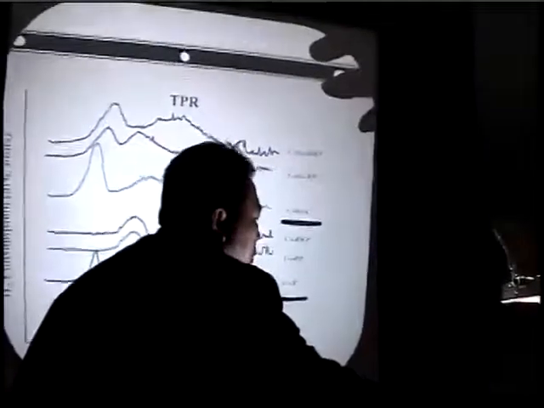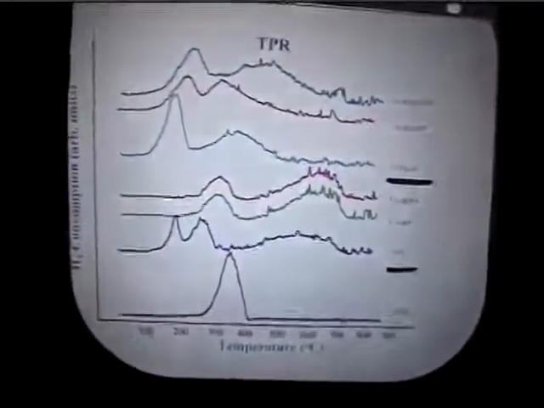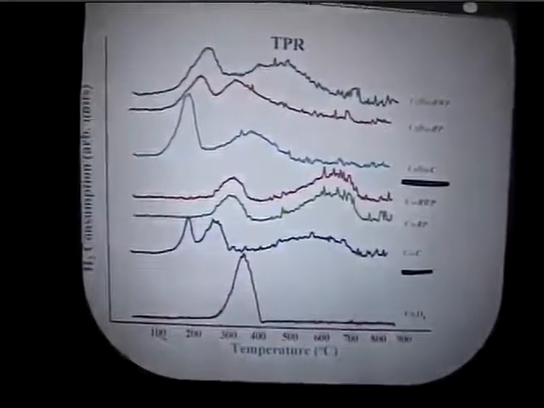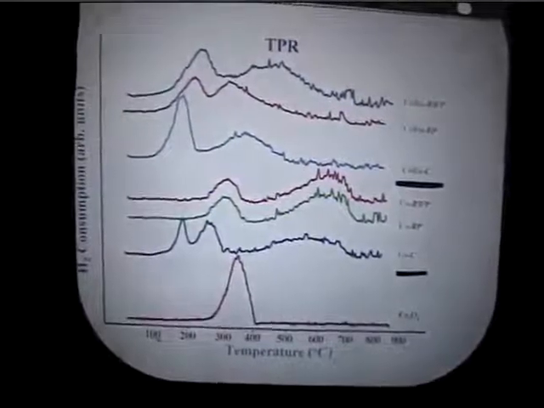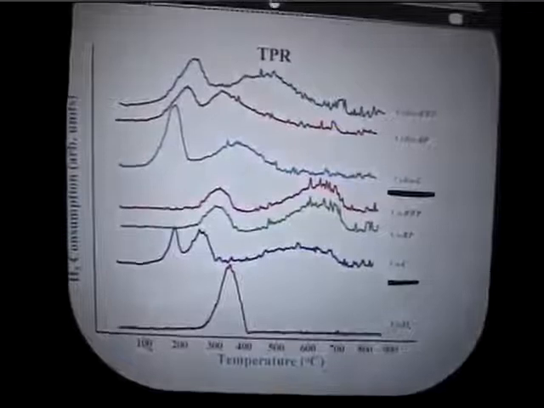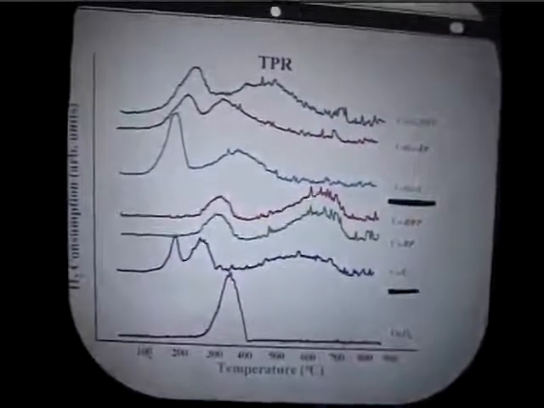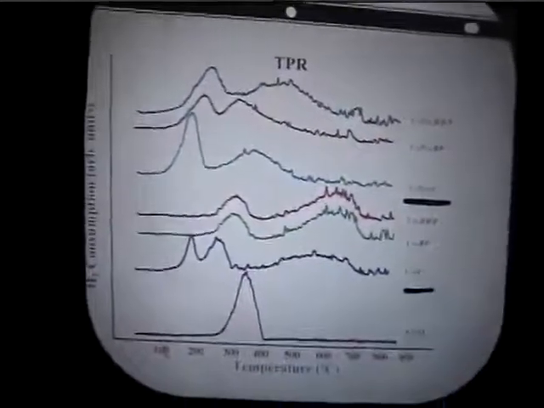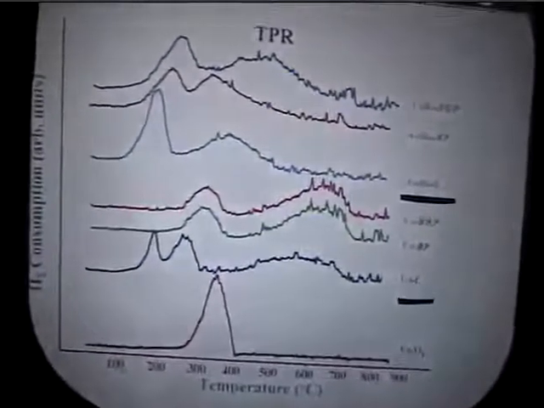TPR is one of the most powerful characterization techniques used to identify cobalt-support compound formation. It is performed to determine the reduction behavior and to measure the reducibility of the catalyst samples after the various pretreatment conditions used in this study. These are TPR profiles of the cobalt catalyst and the cobalt-ruthenium catalyst after various pretreatment conditions.